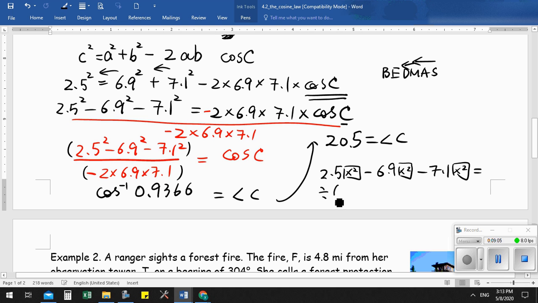Remember you have the bracket: negative 2 times 6.9 times 7.1, bracket, equals, and it will give you 0.9366. This is how you type into your calculator for this part. Remember you have the bracket, otherwise it doesn't work.